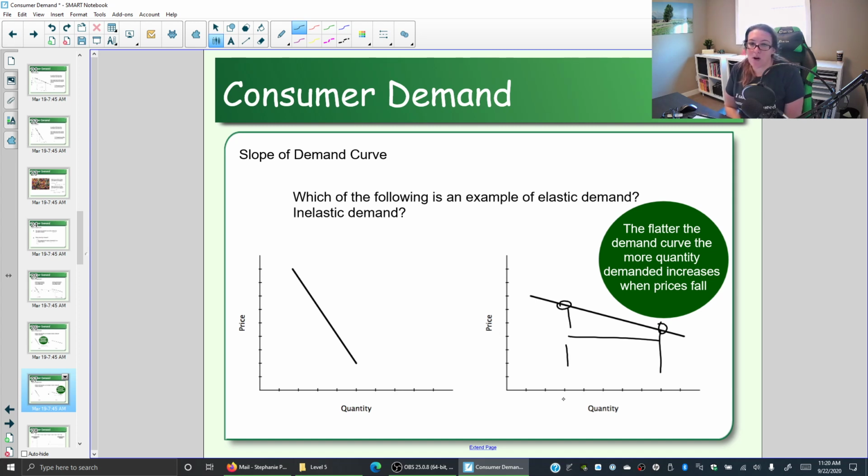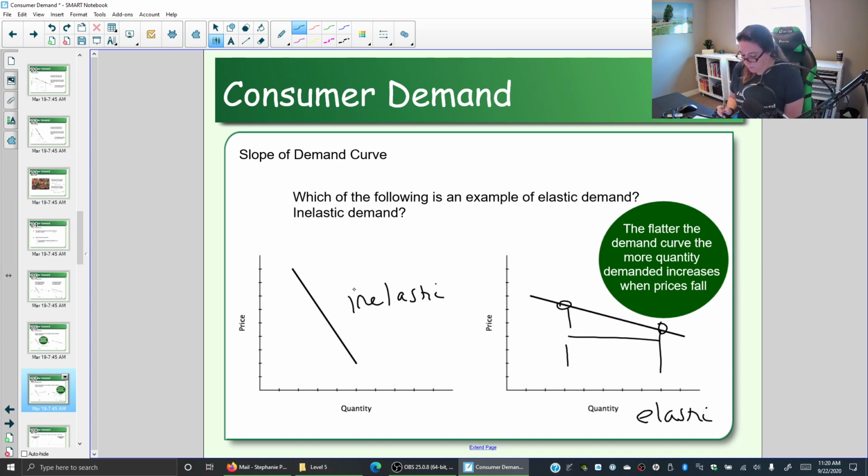So the price falls, the quantity demanded increases by a lot more. So in this case, we have more elastic or inelastic demand? We have more elastic. So a steeper demand curve is more inelastic. Customers are less sensitive to the change in price. You can change the price and the amount people are willing and able to buy doesn't change very much.